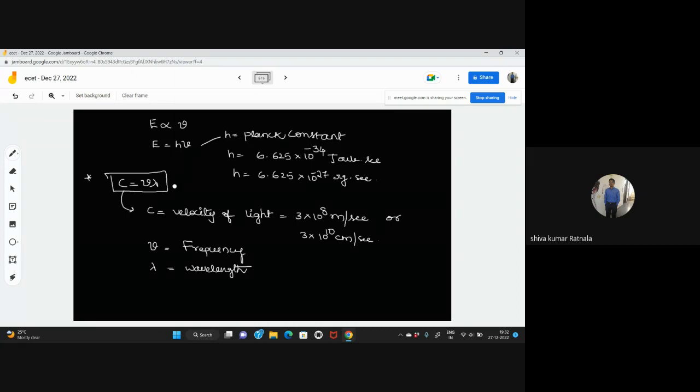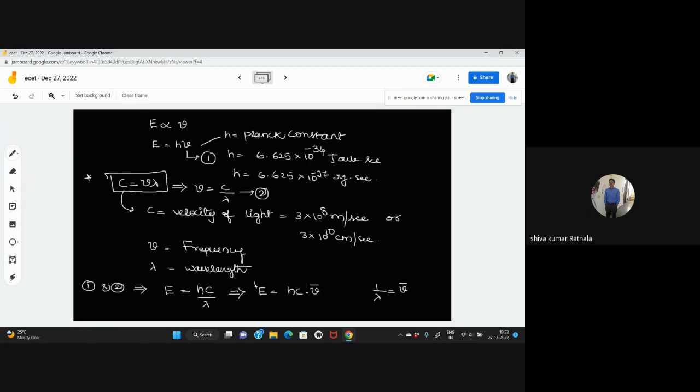Let me take this as equation number 1. From this we can write nu as C by lambda. From equations 1 and 2, we can write E equal to h into, instead of nu, C by lambda, which means E equal to hc into 1 by lambda. 1 by lambda is known as nu bar.